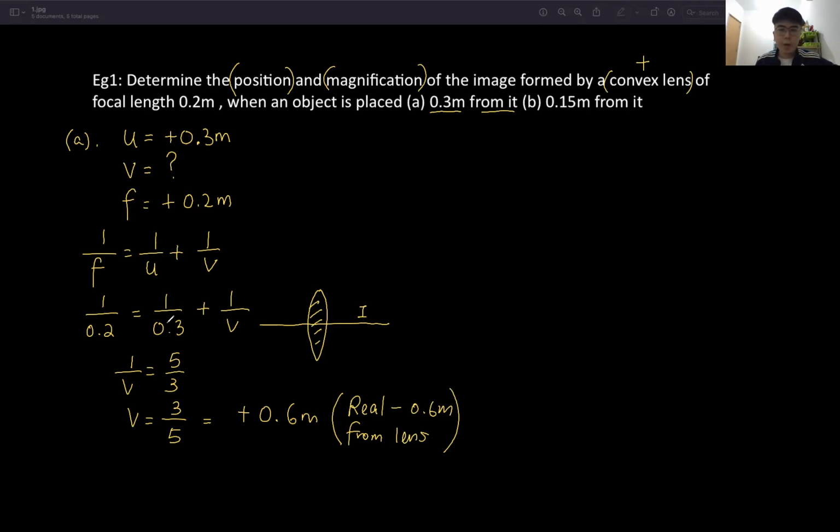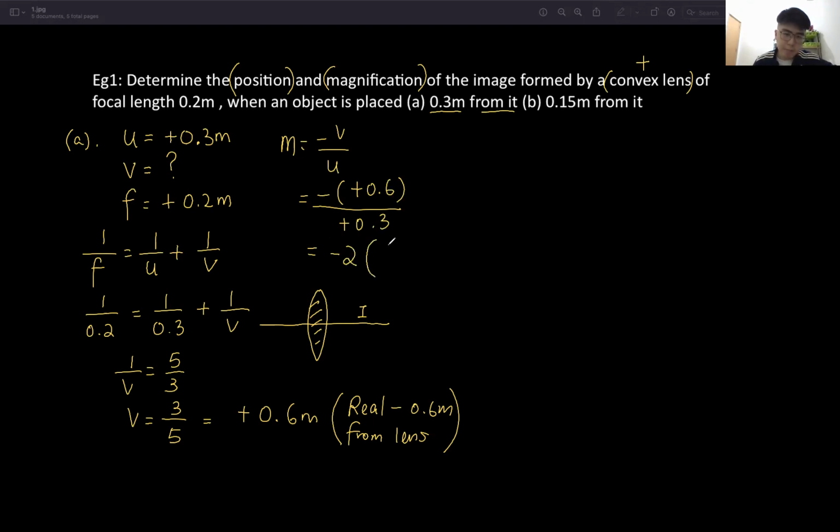How about the orientation? Upright, inverted, diminished, magnified? Then we do the magnification. M equals minus V over U, minus plus 0.6 over plus 0.3. What do we get? We get minus 2, right? Minus 2.